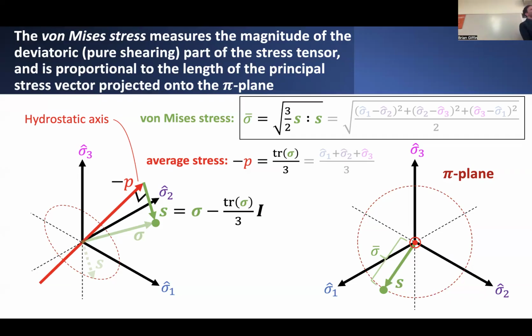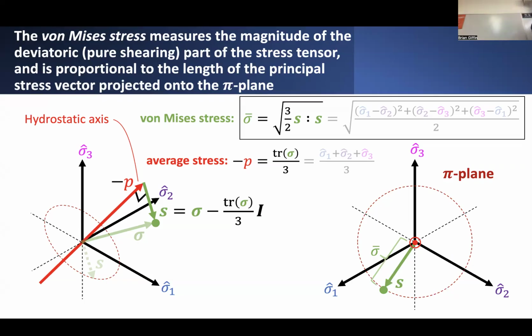Now, the idea here is that we can define some interesting measures of stress within this principal coordinate system. Suppose I had some total state of stress. Again, I could represent that state of stress in terms of the principal stresses as some point in principal stress space. That's what I'll call this vector, if you like, sigma, consisting of those 3 principal stress components.